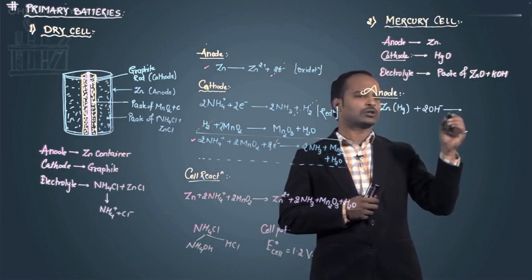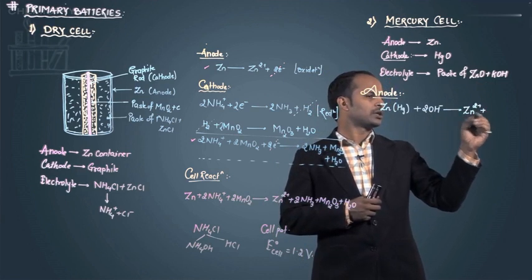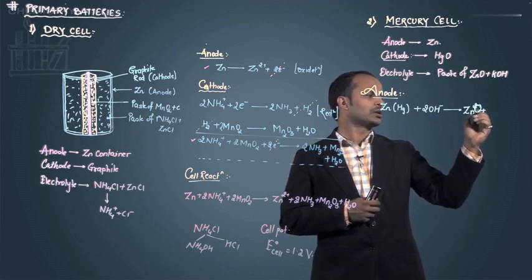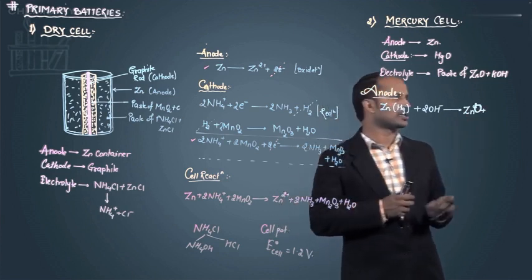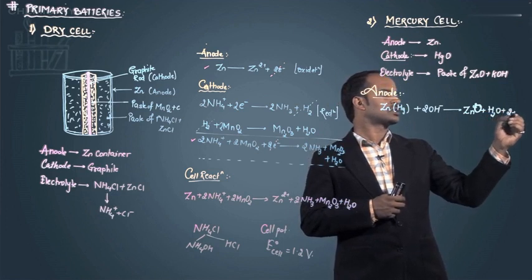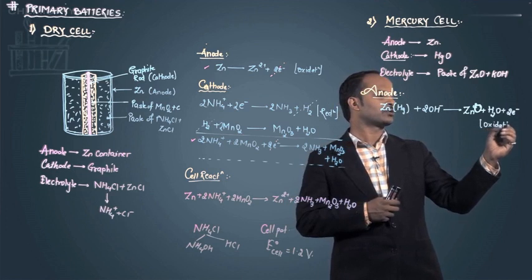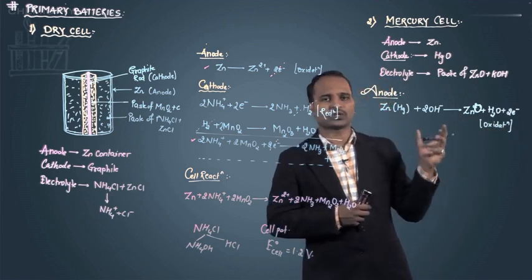It loses electrons and gets converted into zinc 2 plus ion, which combines with O and produces zinc oxide, plus H2O, and 2 electrons are released. So here oxidation is taking place, the loss of electrons. The zinc has oxidized, from oxidation number 0 to +2.